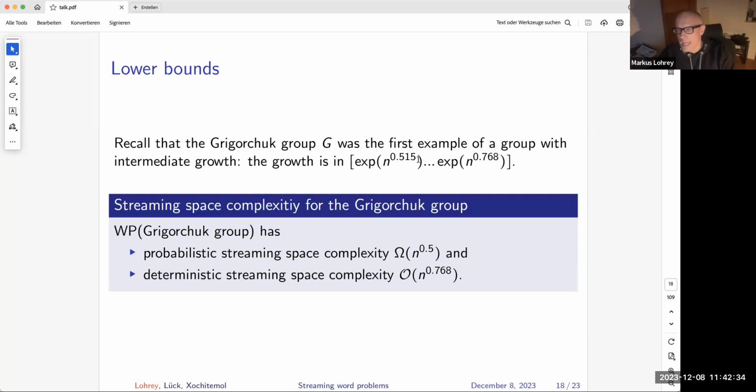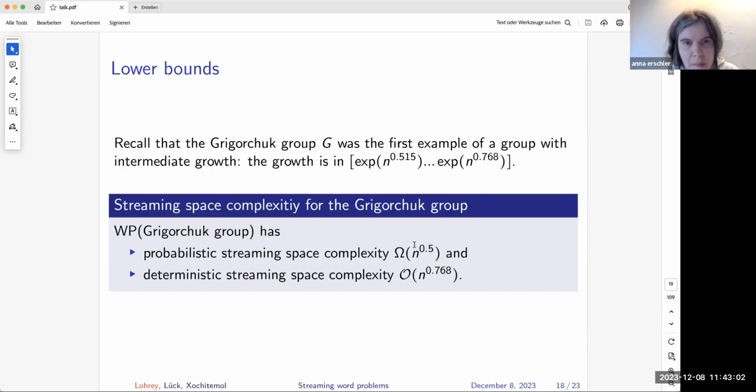And that's used to get this lower bound here. Again, the argument is you use this communication protocol for disjointness. But yes, we don't use the lower bound. For the second result, clearly we use the upper bound, and this uses this finite index subgroup called K of the Grigorchuk group.